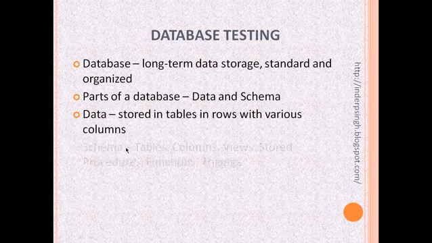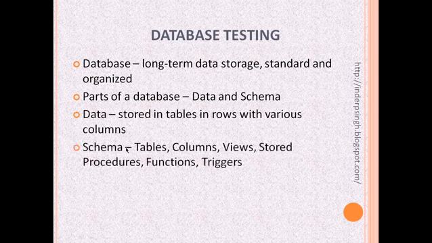So let us move on. Next, the main part of the database is the schema. The schema is really the data structures that are used to store the database. We have already seen that in the database, before we can store any data, we have to create tables. When we define our tables, we specify the table name, the columns it contains, and the data type, whether integer, float, decimal, date, or character data.